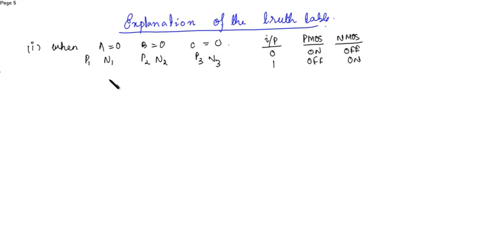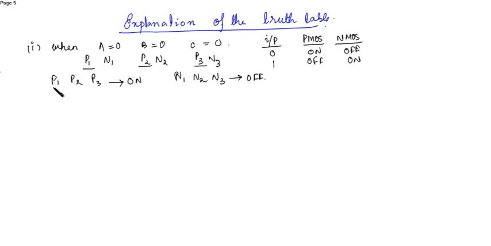So when three inputs are 0, then P1, P2 and P3 are on, while N1, N2 and N3 turn off.